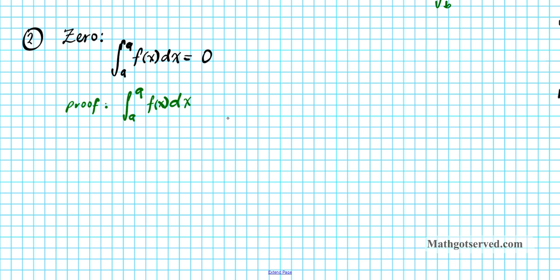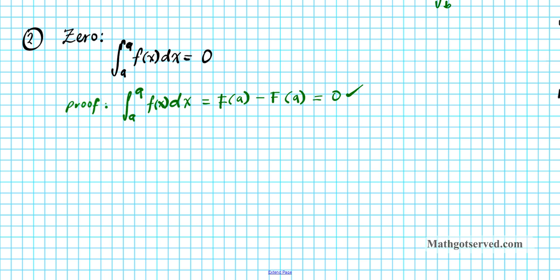If I apply FTC part 1, I'm going to have the antiderivative of f evaluated at a minus the antiderivative of f evaluated at a. All right, subtracting two identical terms, final answer is going to be 0. So we see that this rule is in fact accurate.